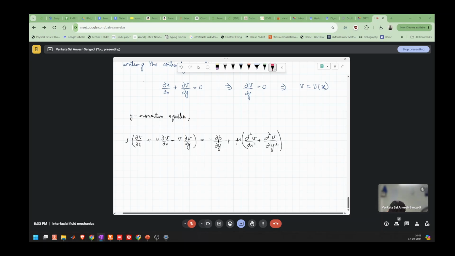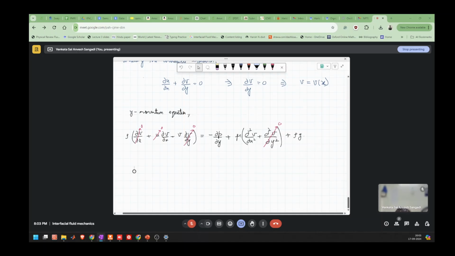The terms that will go to 0: v is not a function of t, therefore 0; u here is 0; and v is not a function of y, so that is 0, and again this goes to 0. And then we have to write the gravity term, which is equal to rho g.